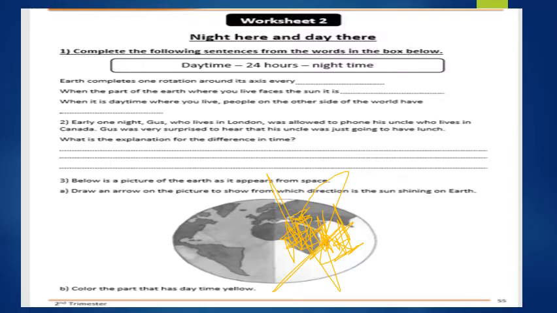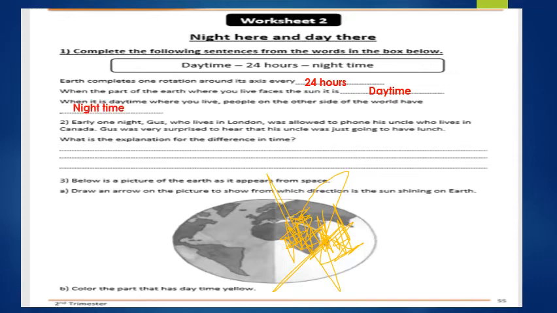Earth completes one rotation around its axis every 24 hours. When the part of the Earth where you live faces the sun, it is the lit part, daytime. When it is daytime where you live, people on the other side of the world have nighttime.